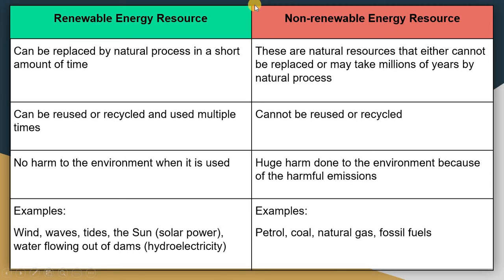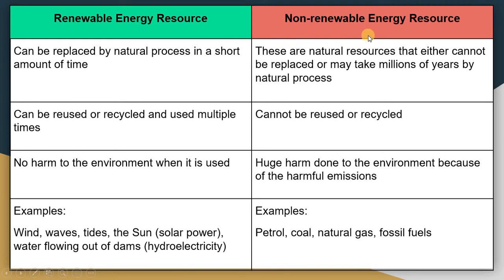This table sums up the comparison between renewable energy and non-renewable energy. So renewable energy means that they are energy that can be replaced by natural process in a short amount of time.